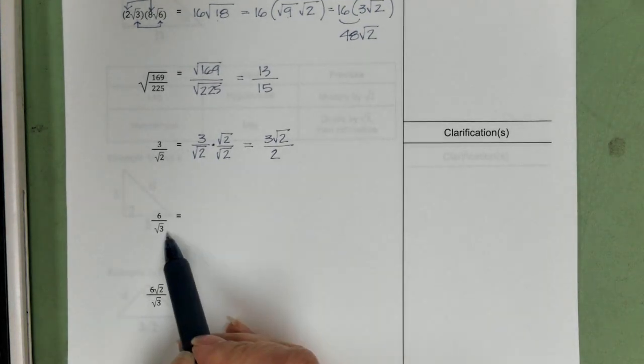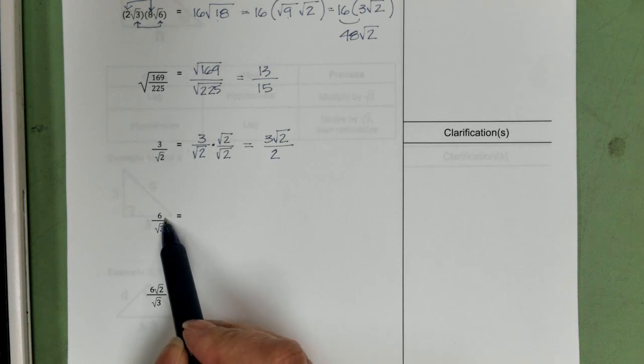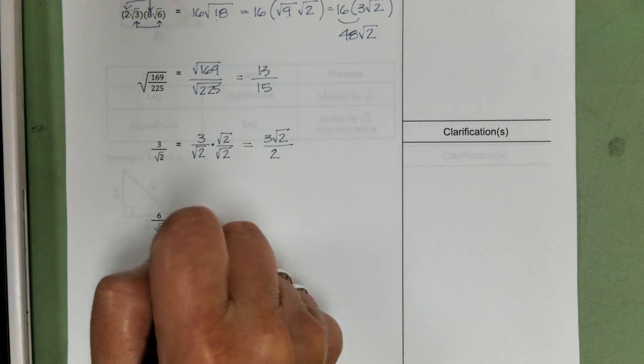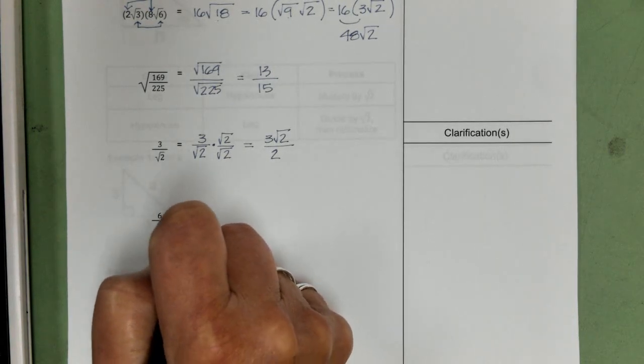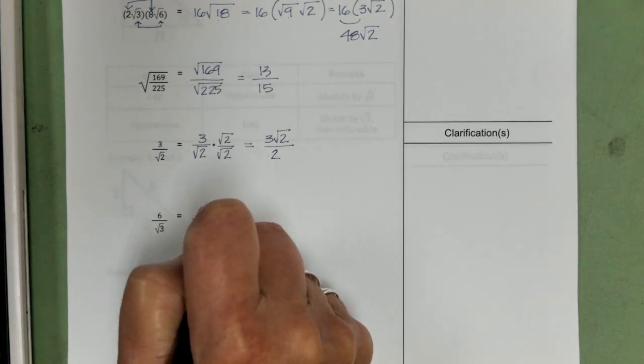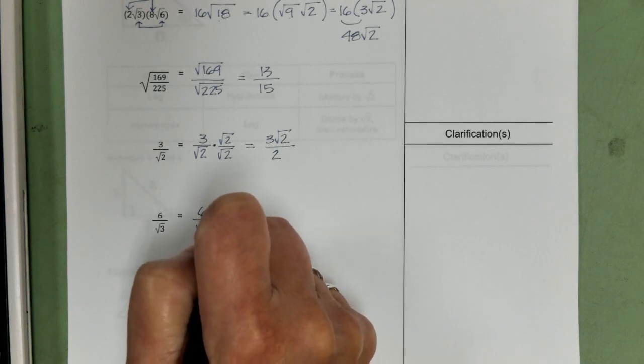In this next example, you might be tempted to reduce 3 and 6 because 3 is a factor of 6. But notice, 3 is in the radical, 6 is not. So you cannot reduce from outside to inside the radical. So I'm going to do a similar process to the previous problem. I'm going to multiply it by an equivalent fraction of 1.